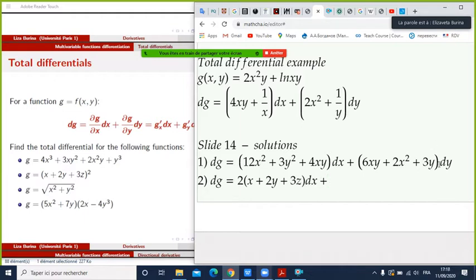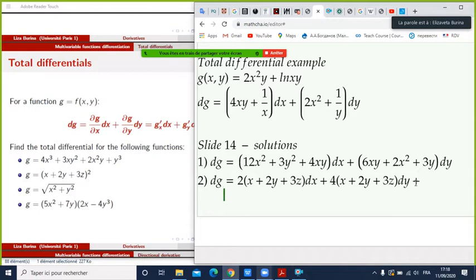Then for y, we multiply by 2 as the derivative of the inner, so we end up with 4 times this thing, dy. And for z, it will be multiplied by 3 and 2, so we get 6, times dz.